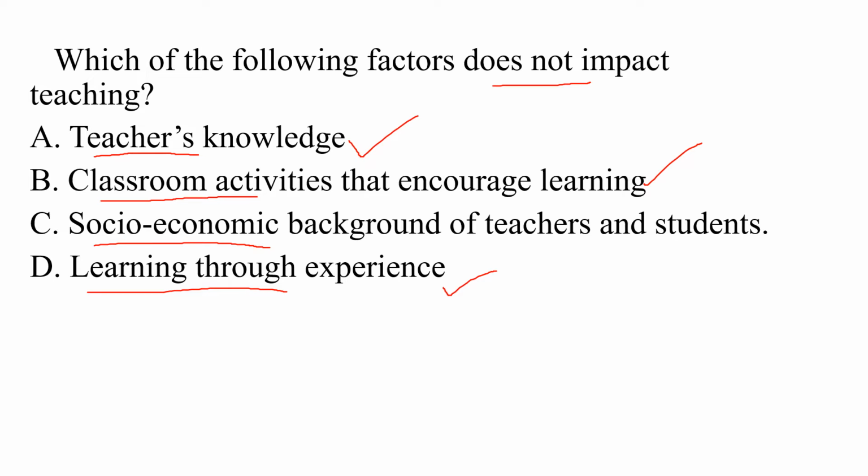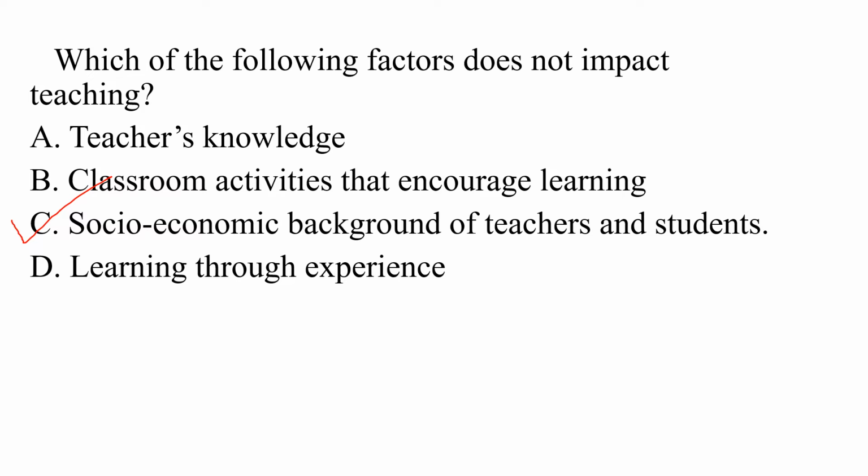Because even if the student belongs to a poor category or a rich category or belongs to any caste, we consider each and every student equal in the school, right? So because of that, the socio-economic background of the teacher or the student will not create any impact on the teaching. So the correct answer for this question will be option C, that is socio-economic background of the teacher and the student.